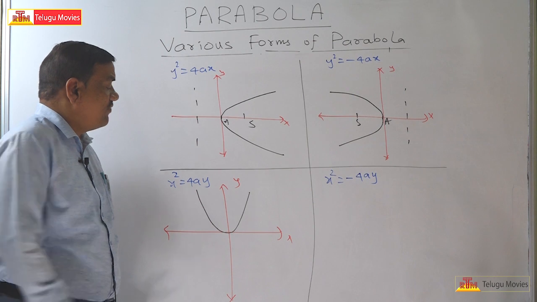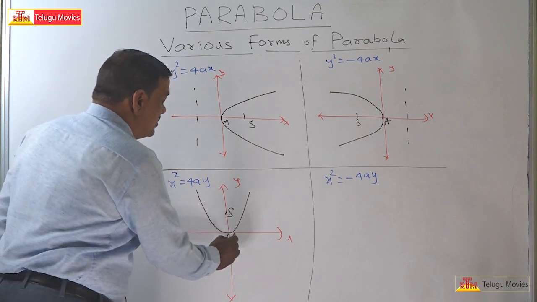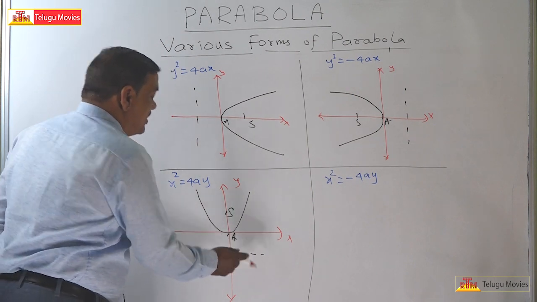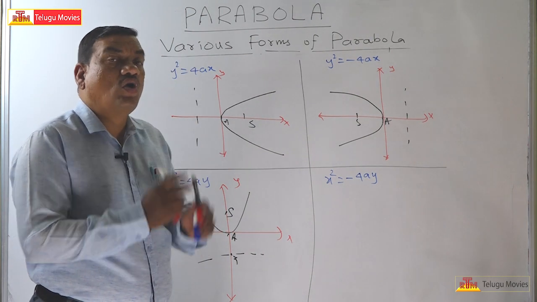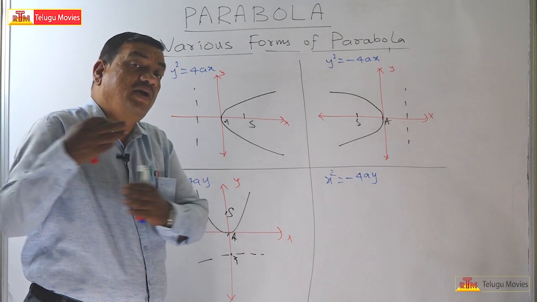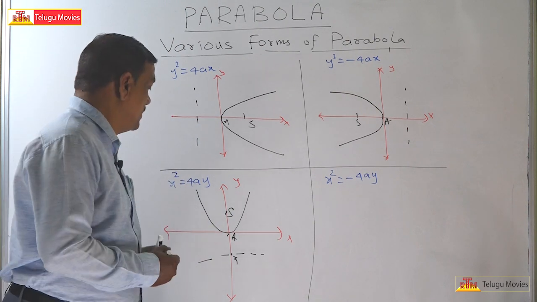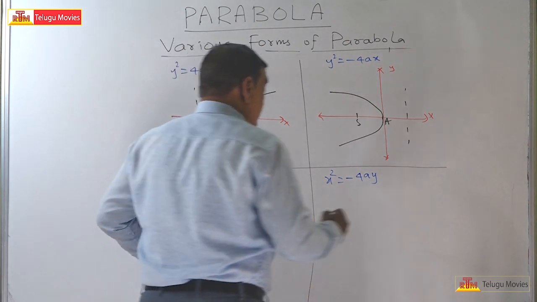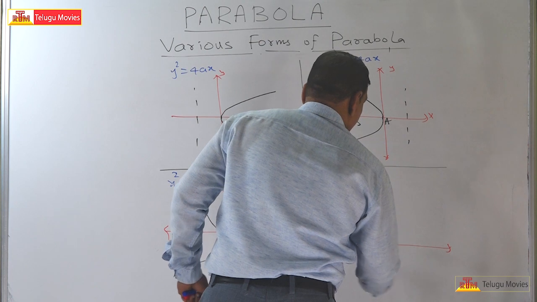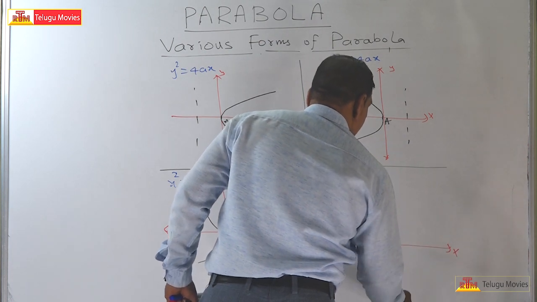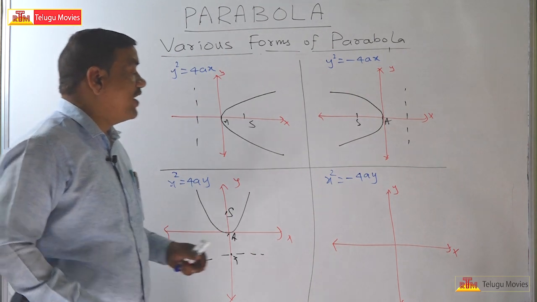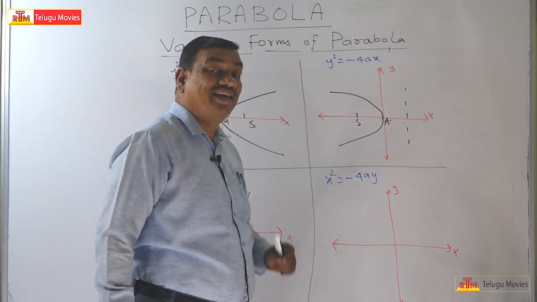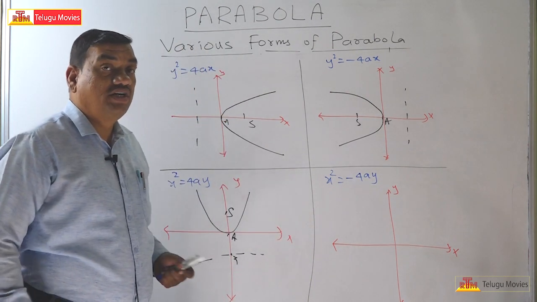Okay, now afterwards you know that this is the focus S, this is the vertex, this is the directrix, all those things you can write down. First, if you know in which quadrant it lies, then the remaining things are very easy to write down. The next thing is the x-axis and y-axis. See here, the y coefficient is negative.